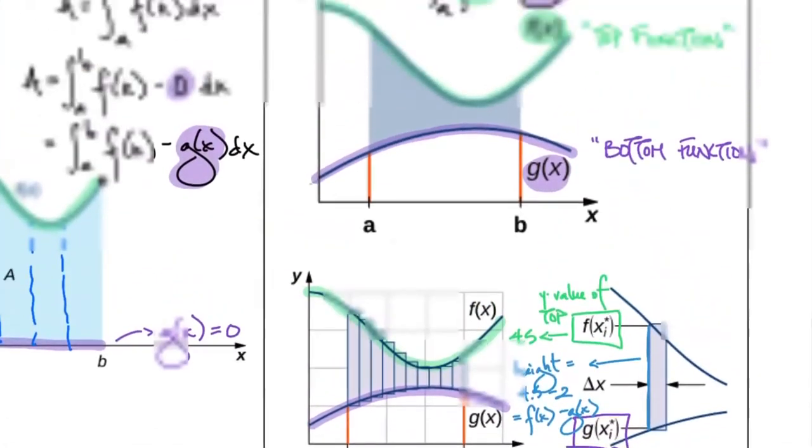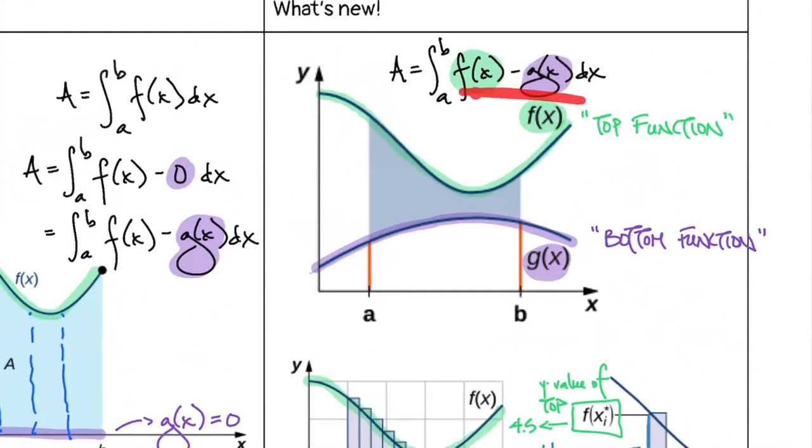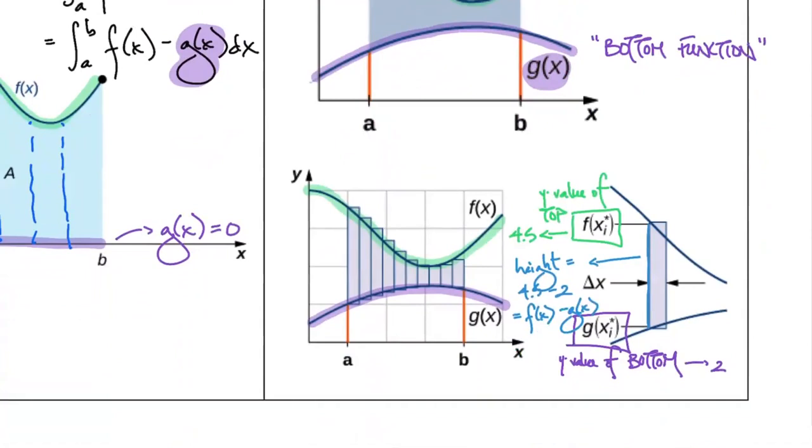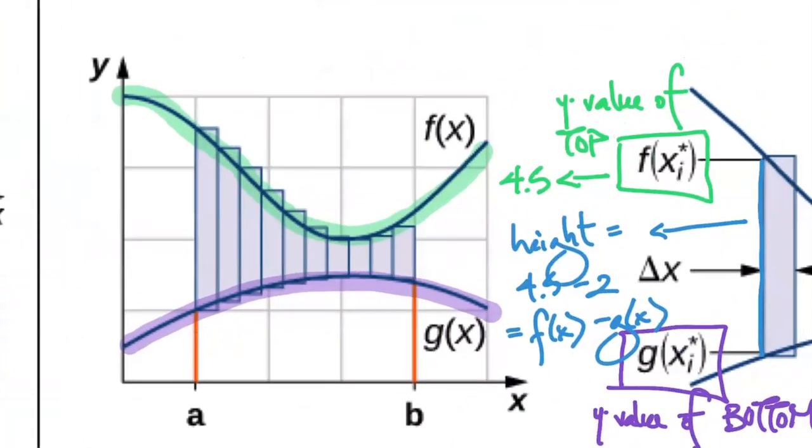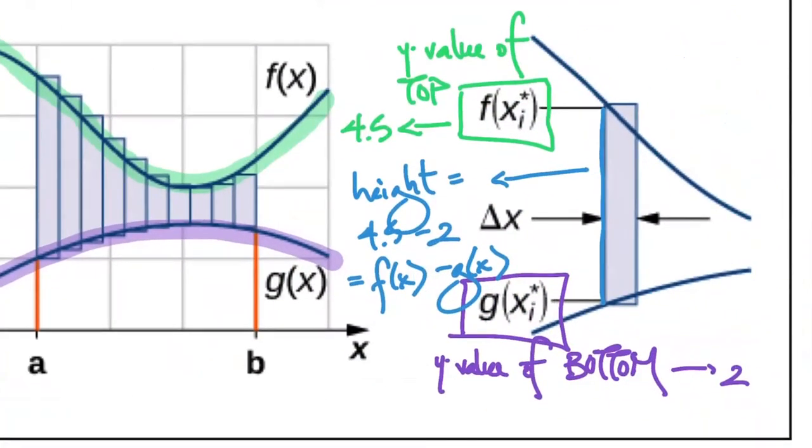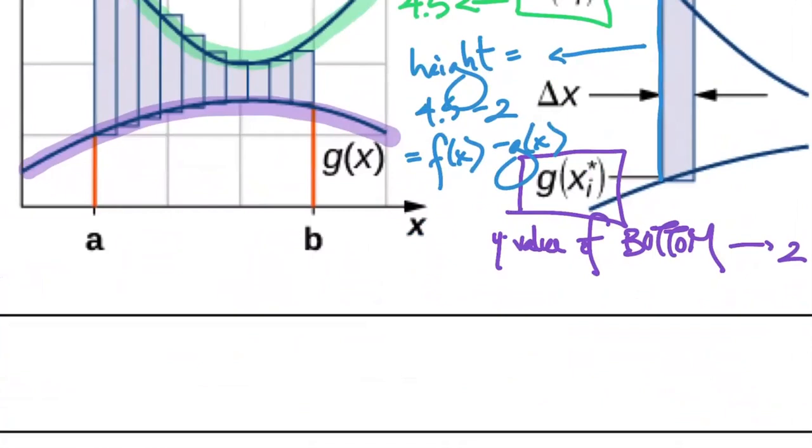So that sort of explains why up here I've said we're going to do f of x minus g of x, because when we take all these rectangles and we mark them off so they all have the same width, the same direction across the x-axis, right? And remember when we were doing the rectangular approximation, we've got our area equals base.